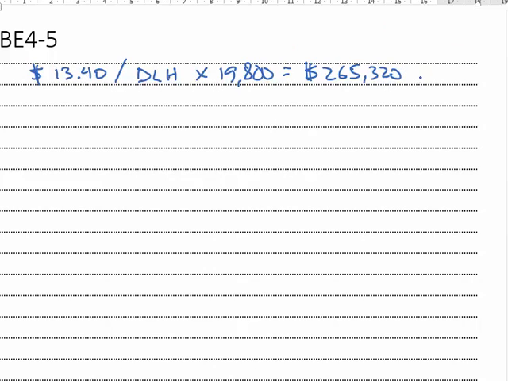And in the problem they talk about the actual overhead costs, which they would only discover weeks later, turned out to be $249,000. So we're a little over $15,000 over allocated in this particular case. And we'll discover how to deal with that in the next demo problem. But I just want to re-emphasize that this is the actual direct labor hours there.